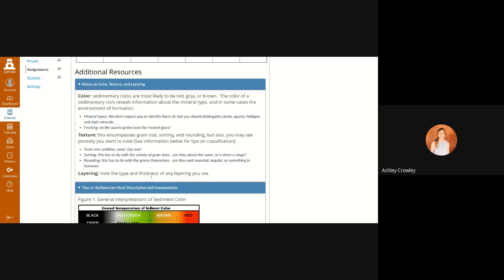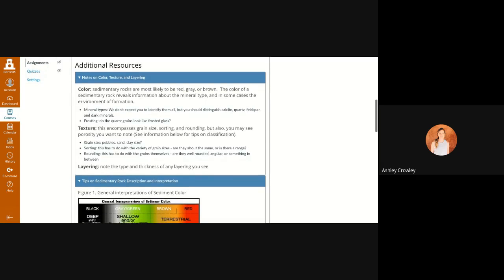And then texture. So texture is what size grains are there. So think about this for a second. You can have really big sediment or you can have really small sediment. This is due to how far it has traveled.